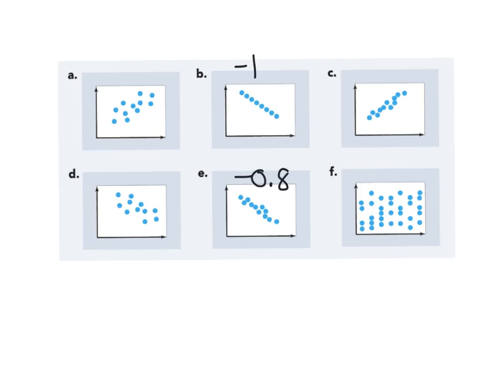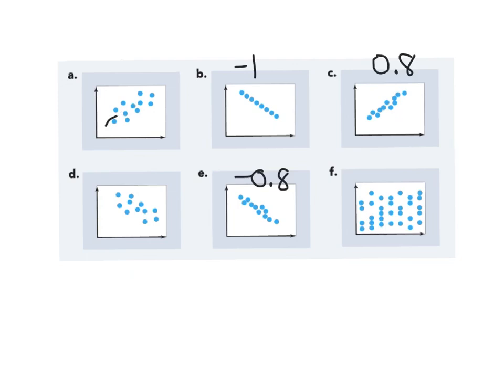-0.8, perhaps. Okay. Which means when we look at C, it is very similar to E. It's just going in a positive direction, but the dots are grouped very similarly. So I'm going to say that this has a correlation coefficient of +0.8. If we jump over to A, these dots are moving upward, so they're going in an upward direction, so it would be positive.